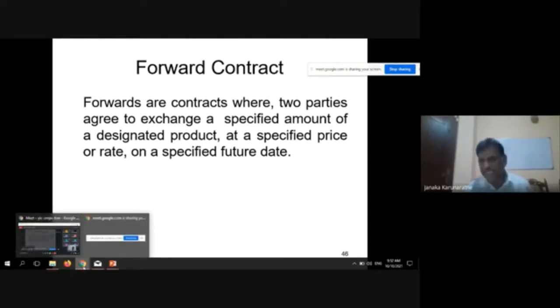Principles are the same. Some fundamental differences. I think I explained to you earlier also in the class. What is the fundamental difference? There are advantages, disadvantages. What are the advantages? And what are the disadvantages?